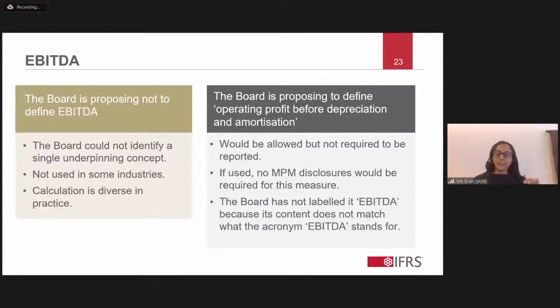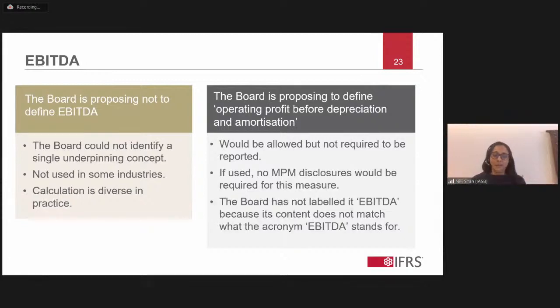So if we say EBITDA is the same as operating profit before depreciation and amortization, it means that EBIT must be the same as operating profit. However, that doesn't quite work because if you remember from Nick's presentation, operating profit does not include all earnings. It doesn't include, for example, investment income and expense in that line. And so the acronym of EBITDA wouldn't work.